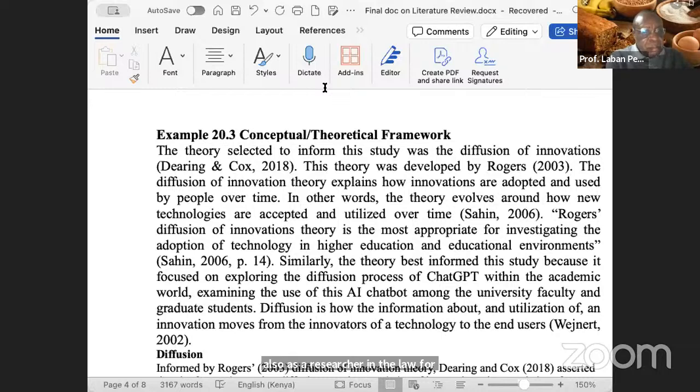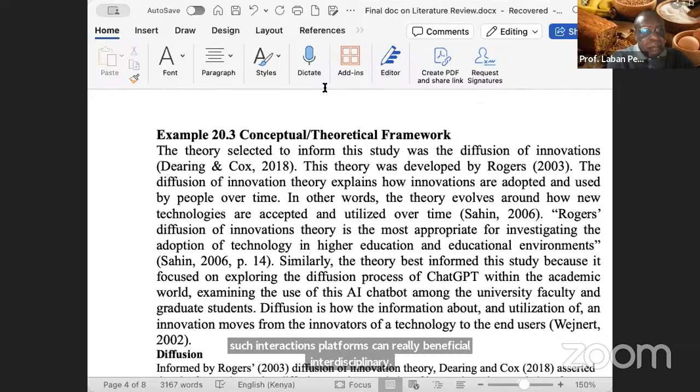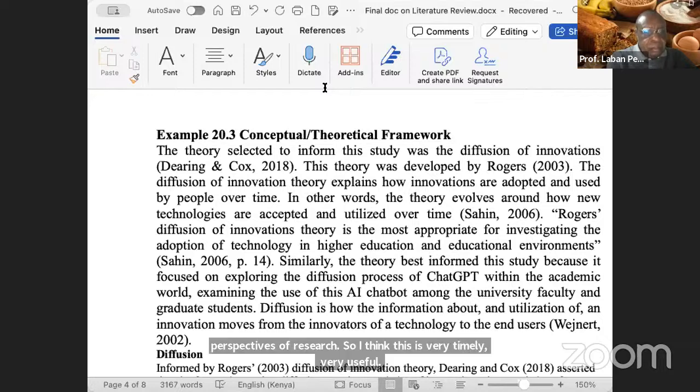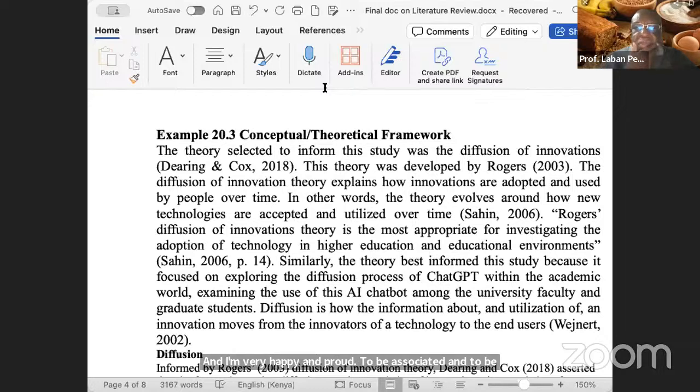Such interactions and platforms can be really beneficial, interdisciplinary, especially as we pursue different approaches and perspectives of research. I think this is very timely, very useful, and I'm very happy and proud to be associated with and part of this.